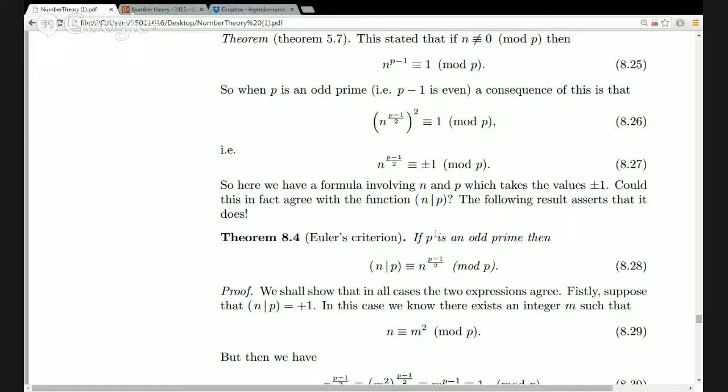It's not Legendre, it's the other guy. Lagrange. Lagrange's theorem, which is theorem 7.1, said that when the congruence was modulo a prime, the degree of the polynomial is an upper bound on the number of solutions. So we've already identified p minus 1 over 2 solutions, so there can be no other ones.